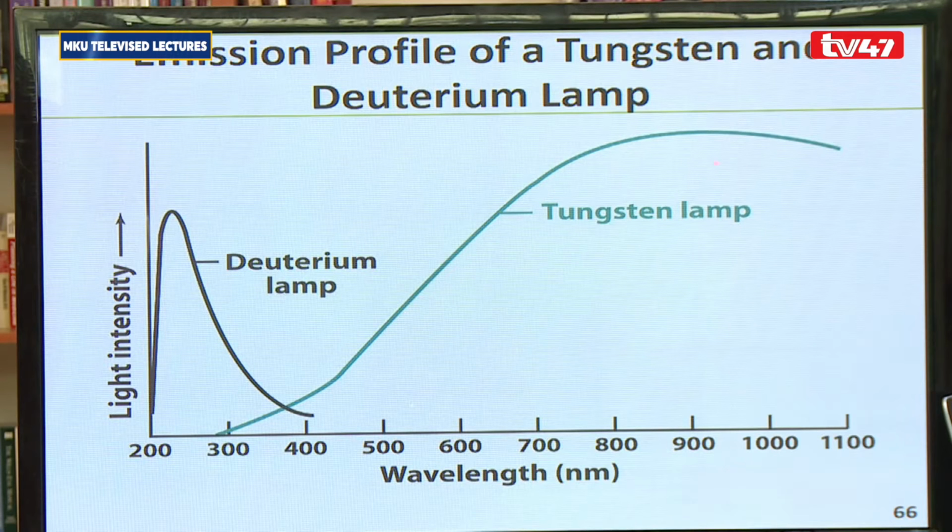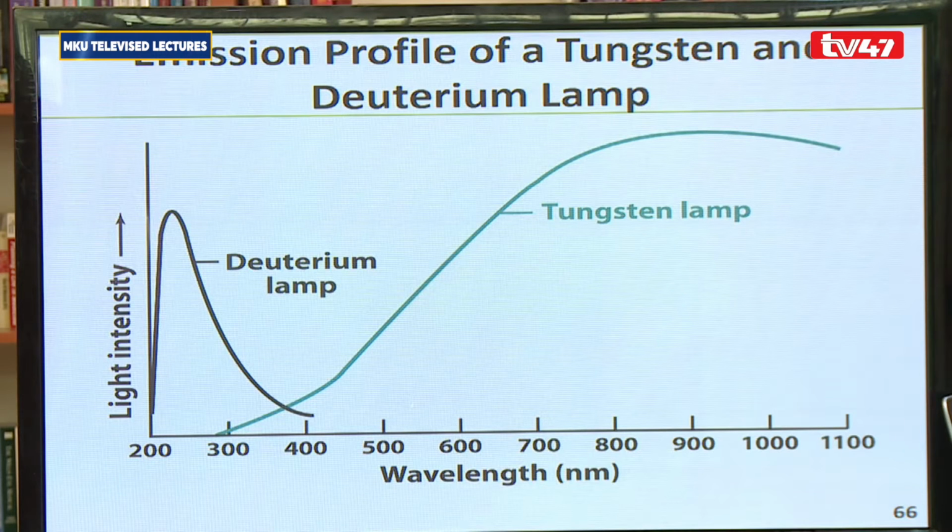The tungsten is going to give you output in the visible region. And every time you have a spectrophotometer, the spectrophotometer will be fitted with these two lamps, such that you are able to do analysis in the whole region of around 200 to around 800 nanometers.